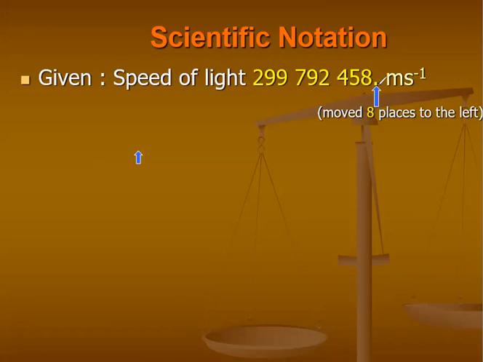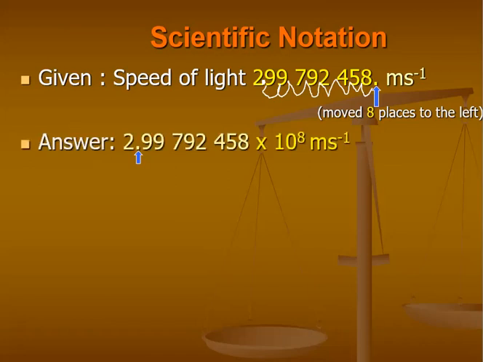Moving to the left means positive exponent. So it's going to be 1, 2, 3, 4, 5, 6, 7, 8. Then that's where we're going to put our decimal, between the 2 and the 9.